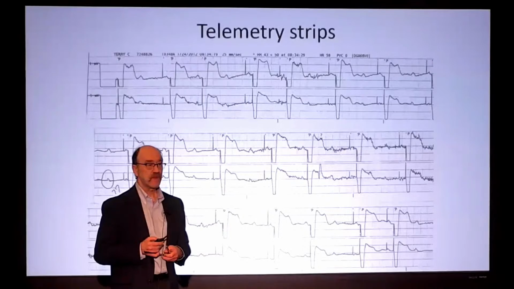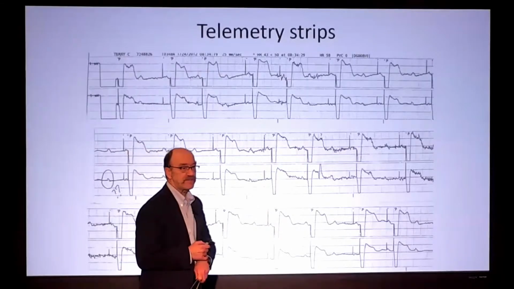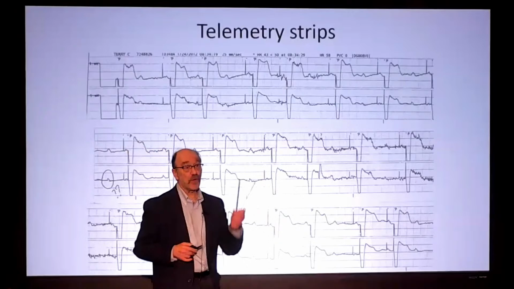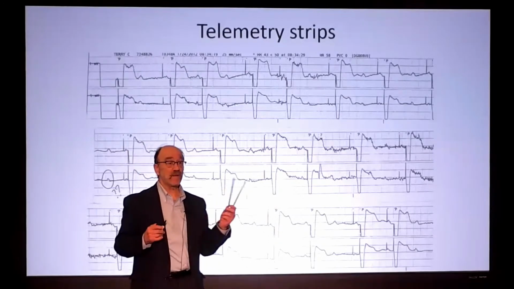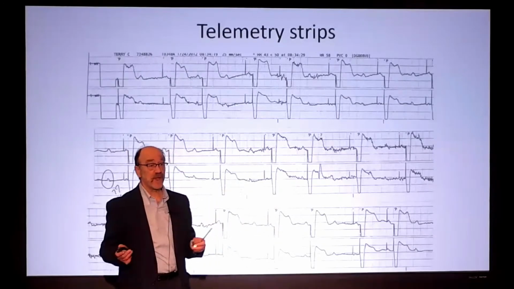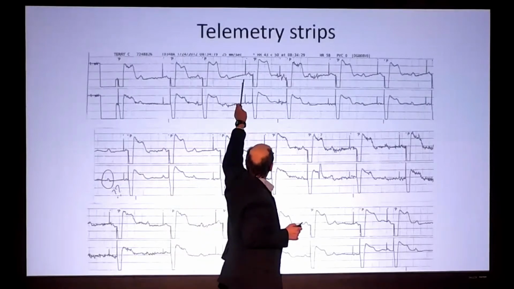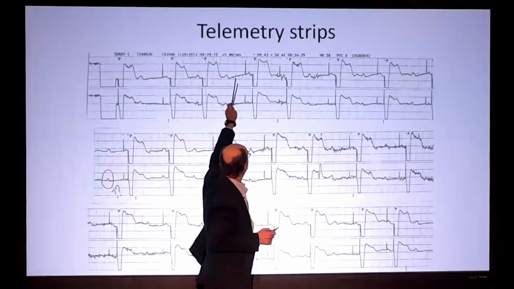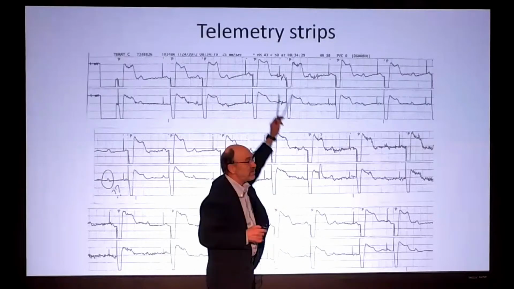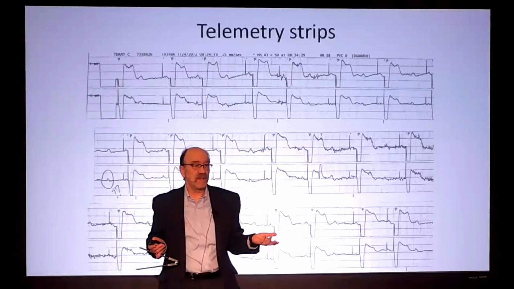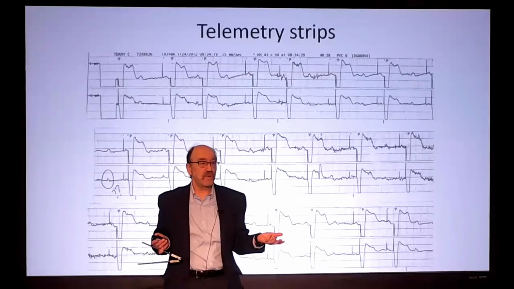Unsure. Okay. So remember I said when you approach a tracing, try to figure out what's going on, what's pacing, and what's not. If you have A pace, V pace, A pace, V pace, what does that tell you? It tells you you're probably at your lower rate limit.